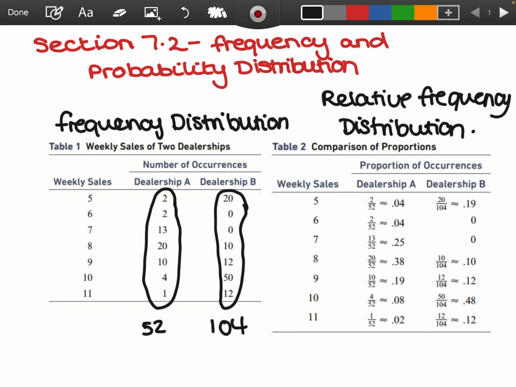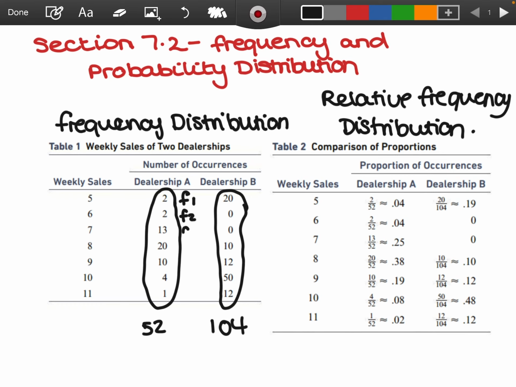If they ask for a relative frequency distribution, you have to go a step further. You have to divide each of the frequencies by the total number that we have. So you add together all of the frequencies, that should give you a value n, and then you divide each of those frequencies by n.